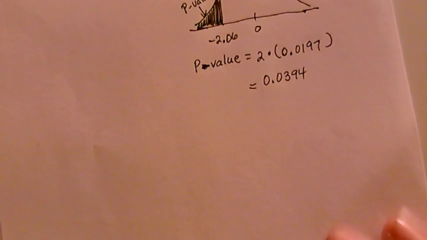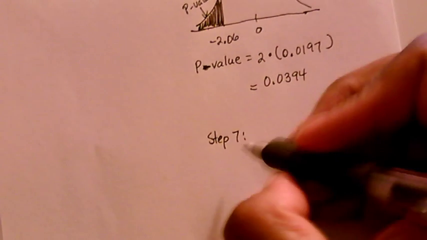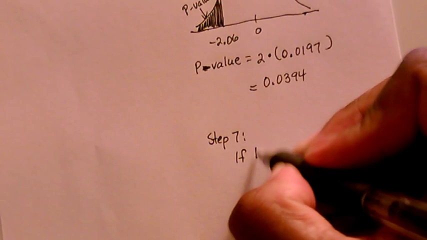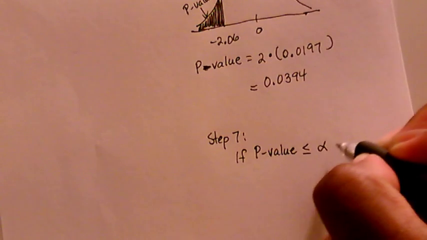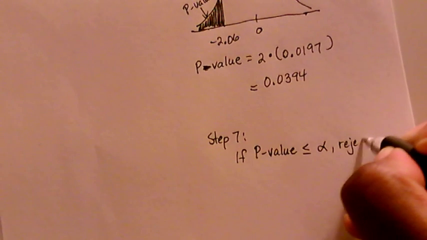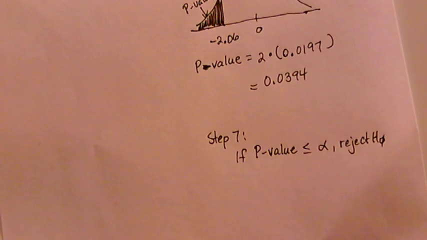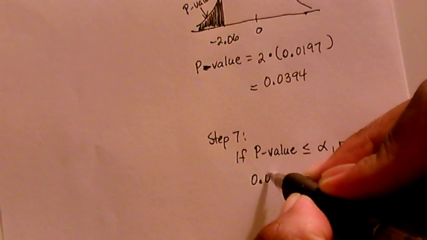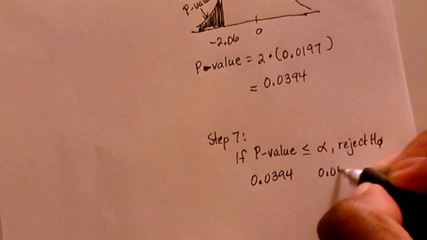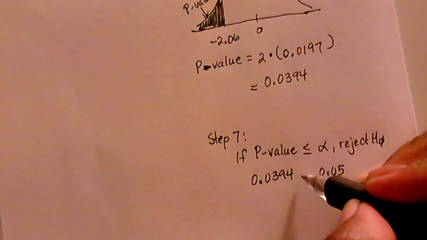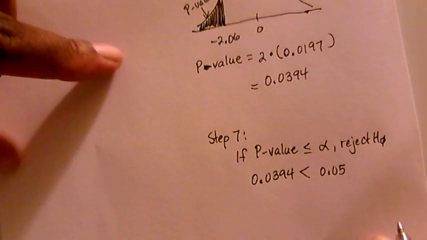Now step number 7 is this, your decision rule. Since we're using a p-value approach, we decide if the p-value is less than alpha, you're going to reject the null. So in this case, my p-value was 0.0394. My alpha level was 0.05. If you compare those two, 0.0394 is less than 0.05.